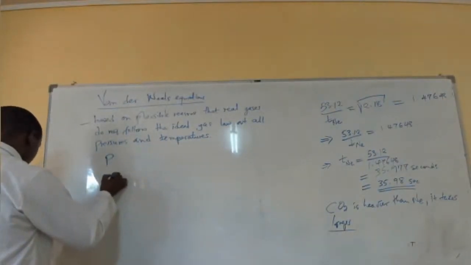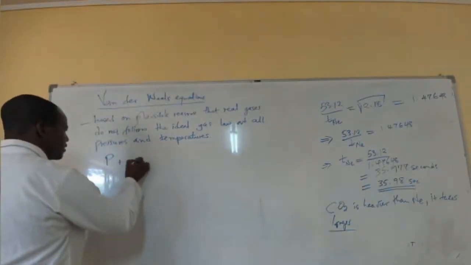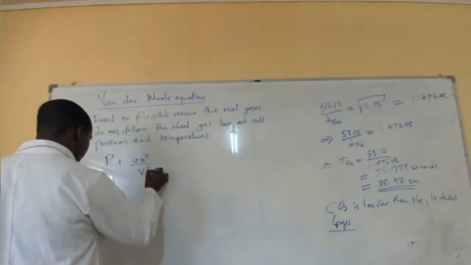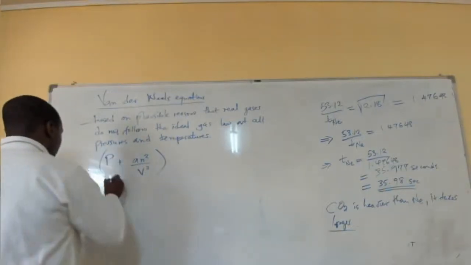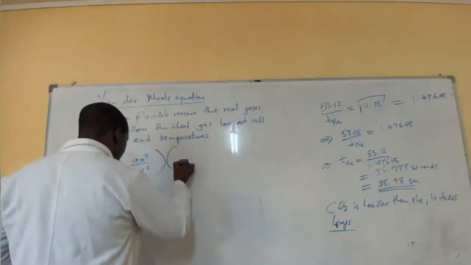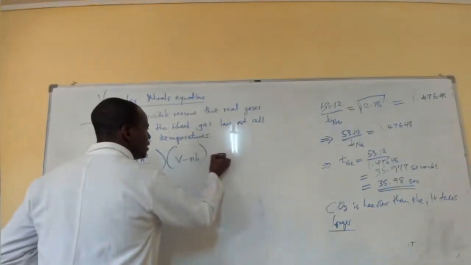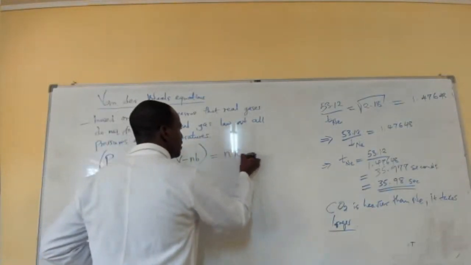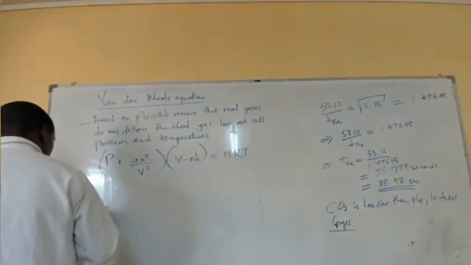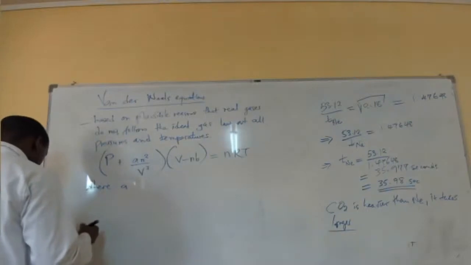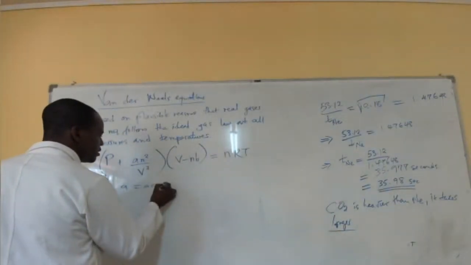So in this case, pressure plus a n squared divided by volume squared, multiplied by the volume minus n b, is equal to nRT.